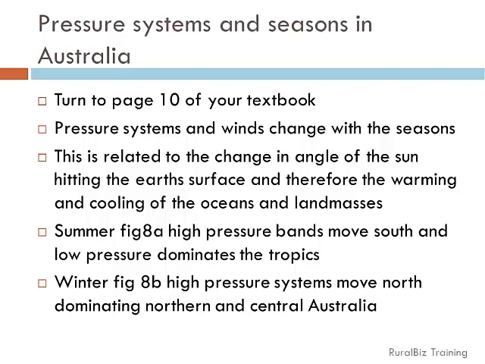If you look at page 10 in your textbook, it gives you two maps of Australia. One of them displays a generalised picture of what's happening during summer. It's figure 8A.